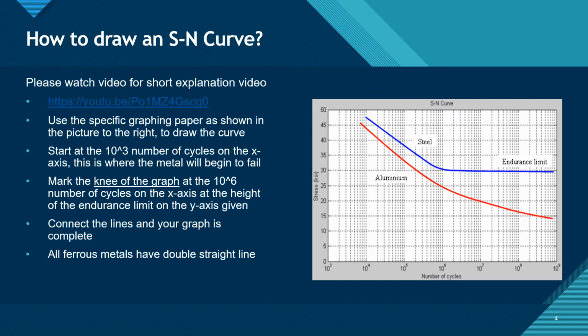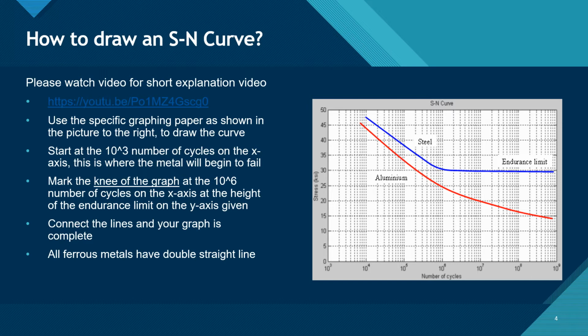Remember to draw the curve after you receive all your significant digits and numbers from your testing. I start my curve at the 10 to the power 3 number of cycles on the x-axis. This is where the metal will begin to fail.